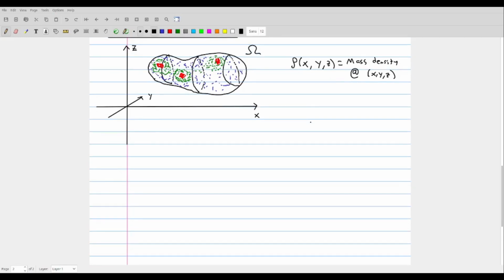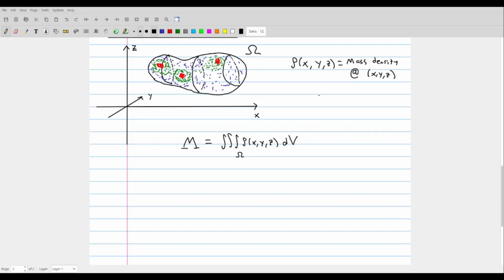So using Riemann sums, just like before in our definition of the triple integral, we can directly go through and show very, very clearly that the total mass contained in the object omega is going to be exactly the triple integral of this mass density function over the domain omega.